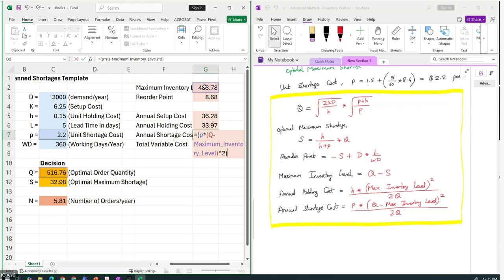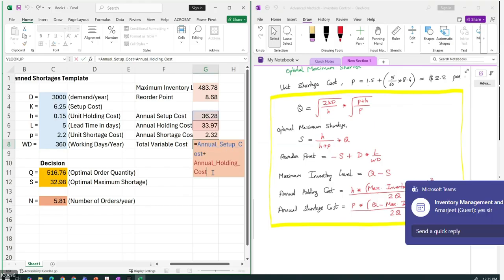I'm writing the same thing here: P multiplied by open bracket Q minus maximum inventory level, the whole square. Then I'm closing this bracket so that my numerator is done, divided by, again open bracket for the denominator, 2 multiplied by Q. I hope this is clear. I believe there's no doubt.